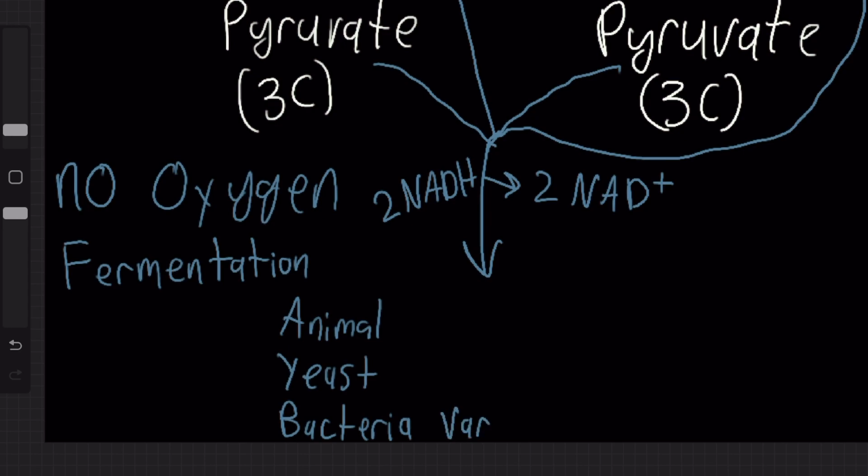That we'll learn in microbiology. Yeast will be ethanol. An animal would be lactic acid when you reduce pyruvate.